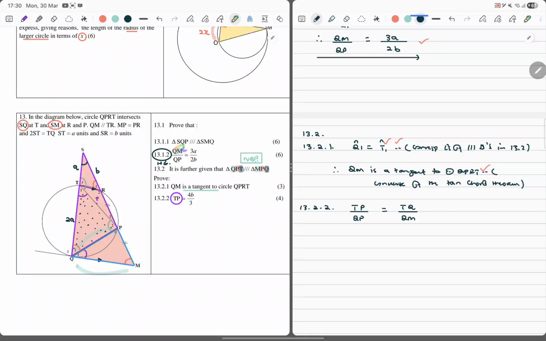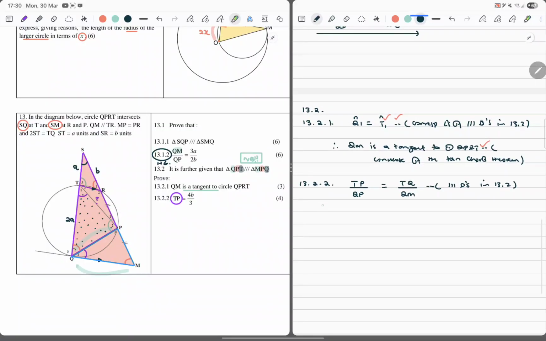Okay, and again I've got QM over there, so I can use that. So we can just say this is similar triangles. Same similar triangles we just proved, or at least we were told, in 13.2. Nice and easy. So folks, we go on.